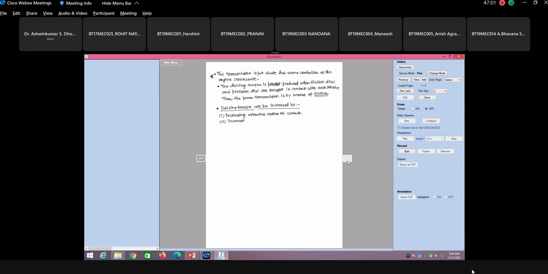Third, increasing the clamping force or holding force, because if you do not hold the plates in contact with each other firmly, you can't get the required power transmission.